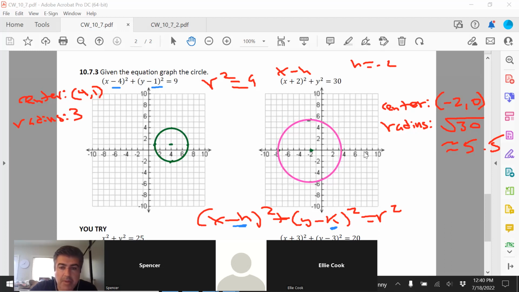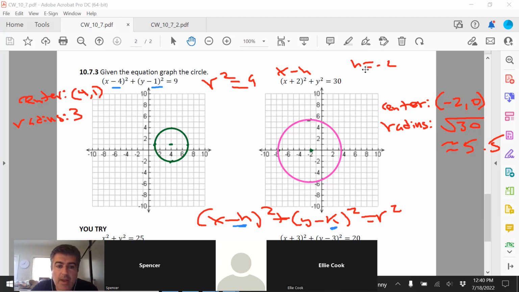Okay, and there you go. That's drawn. So it looks like the radius is about 5 point something. The center's at negative 2, 0. And just to be sure, root 30, yeah, that was right, rounds to 5.5. It's 5.477, a bunch of other random digits.